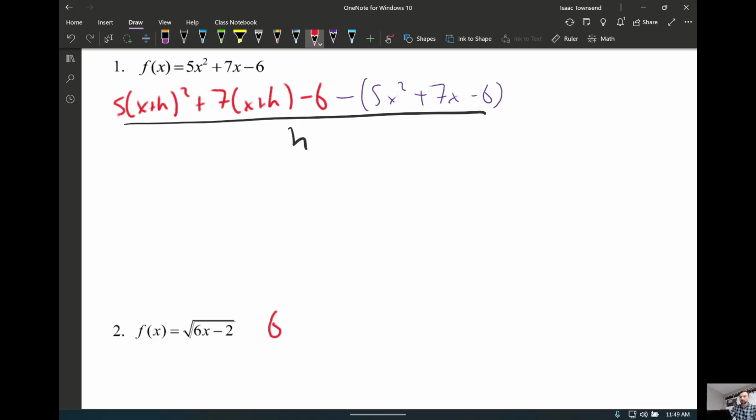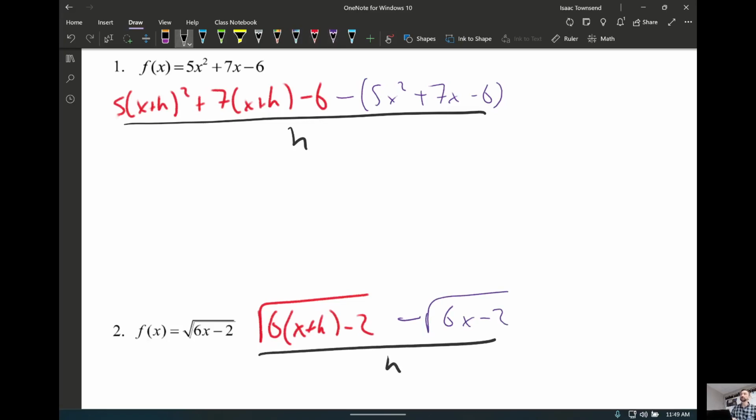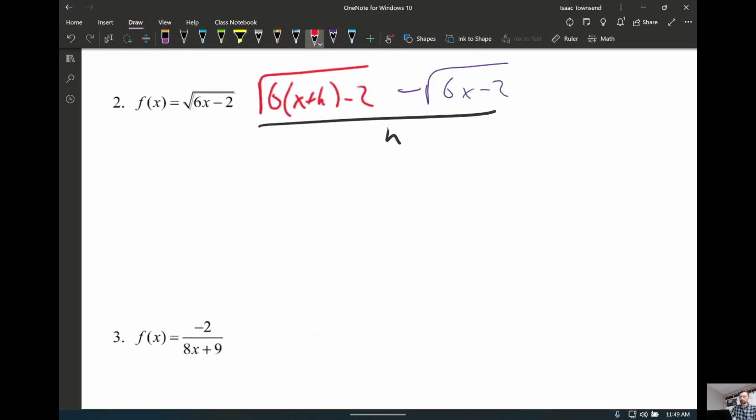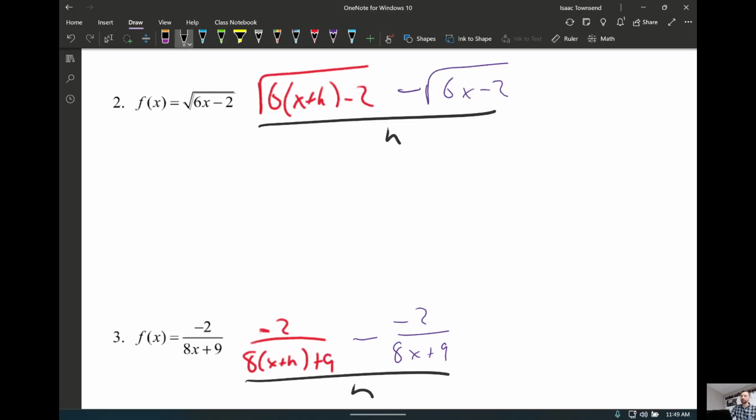Question 2, this would be f of x plus h minus f of x all over h. And for step 3, f of x plus h, subtract the function and put it over h. So same first 2 steps. Doesn't matter what type of function it was, shouldn't be any easier or harder the first 2 steps.